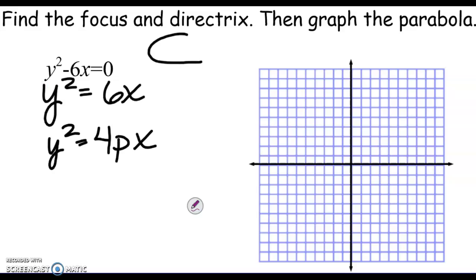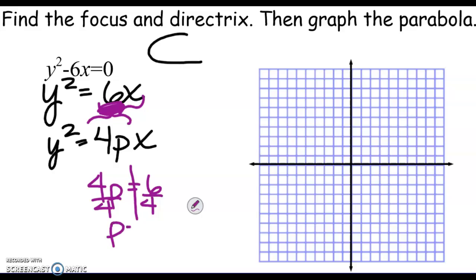So this 4p right here is equal to, not the whole 6x, just the 6, sorry. So 4p equals 6. I divide. So p is 3/2.